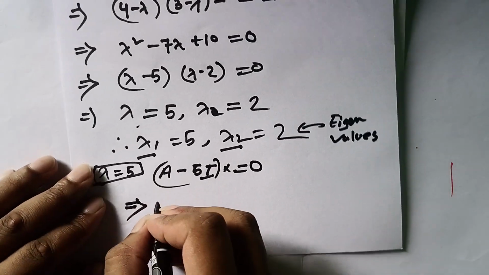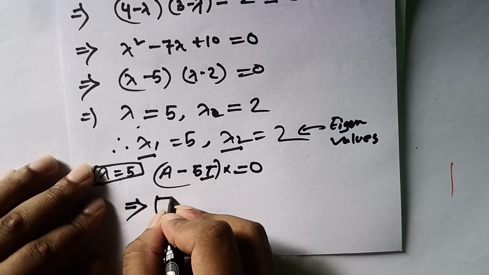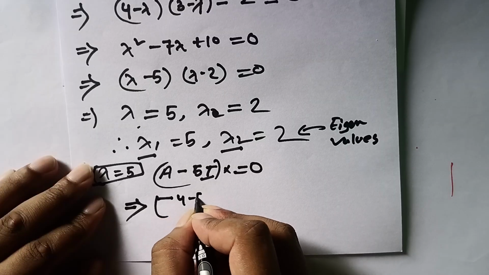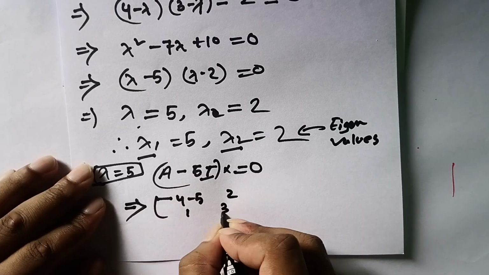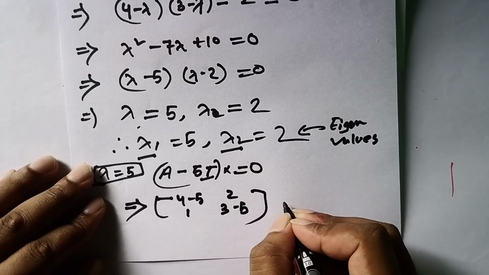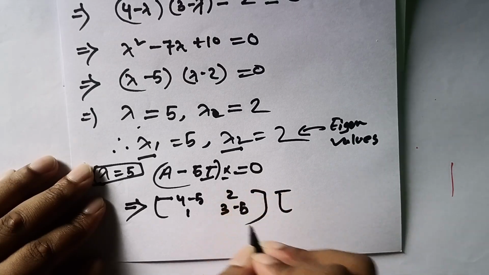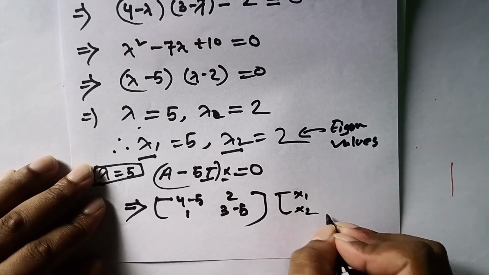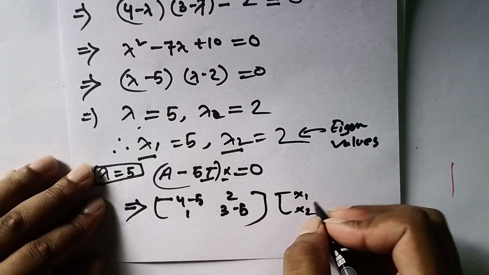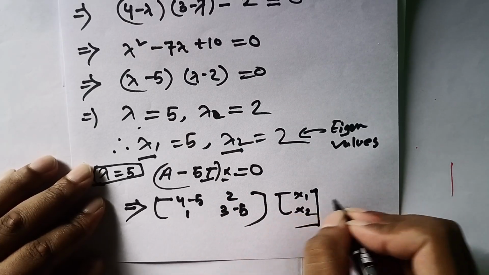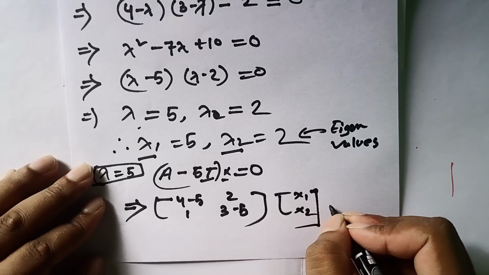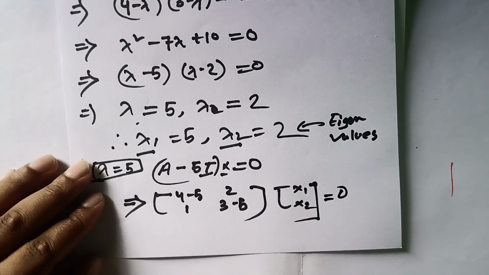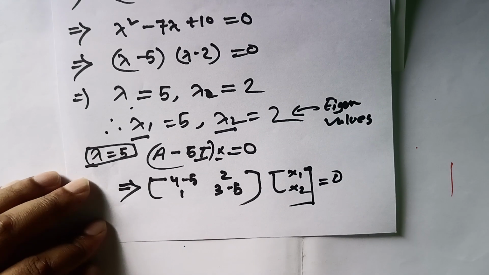We have the matrix [4 minus 5, 2; 1, 3 minus 5], and x has two components, and as it is a zero vector, we write it as 0.